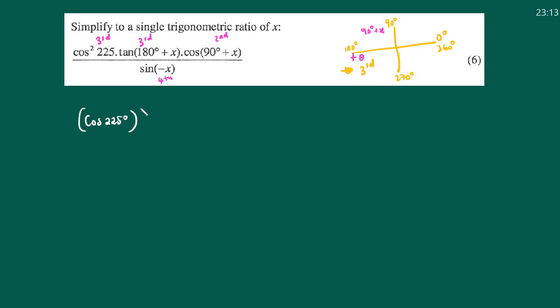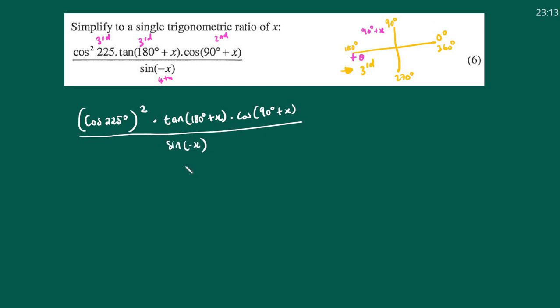Then after that you put the squared on top. Are we clear? Then here you have your tan 180 degrees plus x, and then you have your cos 90 degrees plus x, and then you divide that by sine negative x. Right.